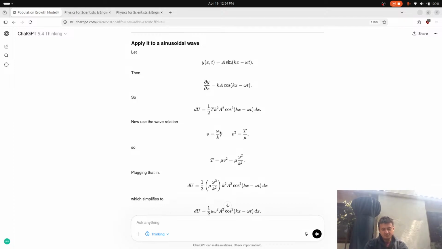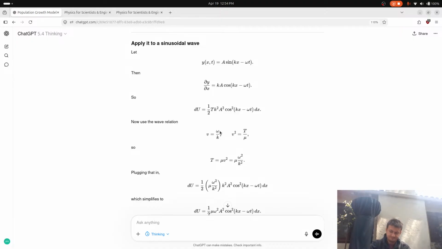So T is equal to mu v squared, so we don't know the tension, I guess. And that v is the wave speed, not the transverse wave speed.